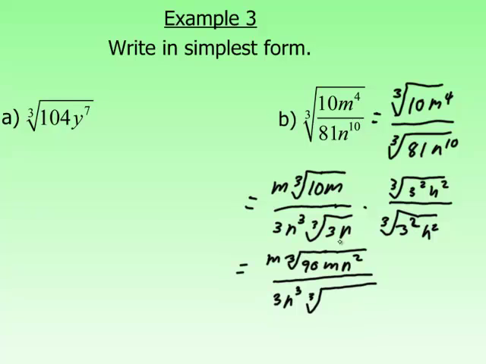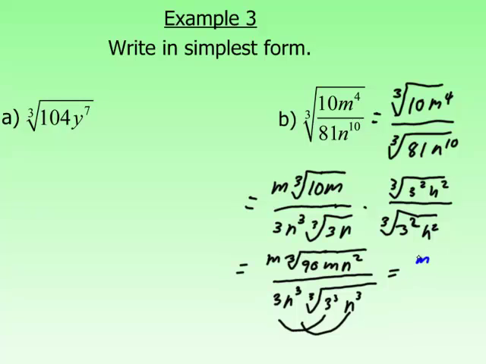So I have one 3, I'm putting in 2 more 3's, so I have 3 cubed, and I have 1 n, I'm putting in 2 more, n cubed. Basically, the cube root of 3 cubed is 3, and the cube root of n cubed is n. So I'll pull those out and multiply with what's in front here. There's nothing I can do in the numerator to simplify that, so that stays the same.